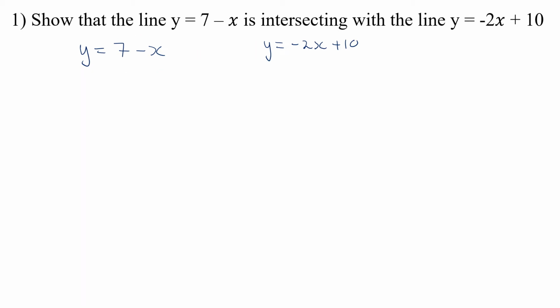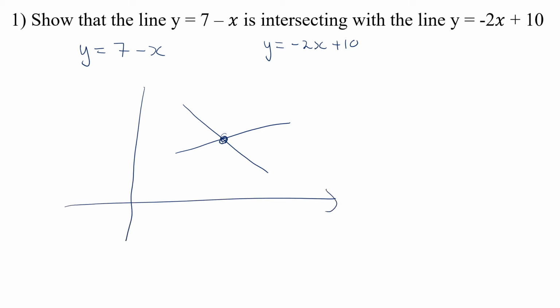And if two lines are intersecting, this is the scenario. If two lines are intersecting, that means at this point, imagine this is on a coordinate plane, so we have our y and we have our x, at this point the two lines will have the same x and y coordinate. That's all we're basically trying to find.